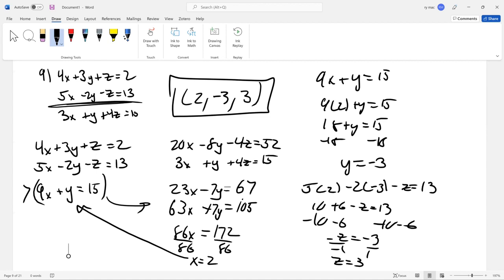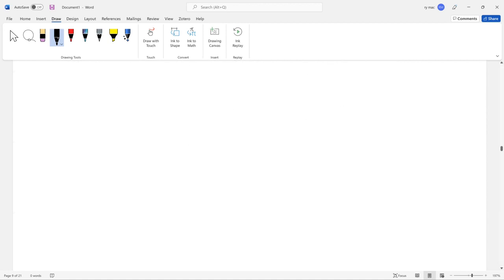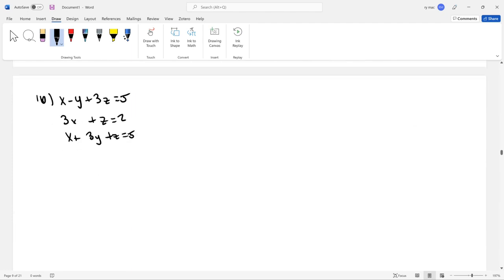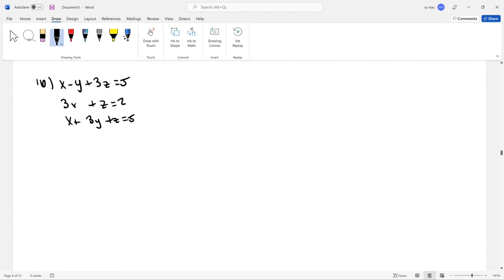All right, number 10 is a little bit easier because one of them is missing a variable. In that case, since the middle one's missing a y, that can't be one of the variables that you keep, because once you get to the second step, you can't move on from there. So I'm going to add the first and third equation together to eliminate the y.